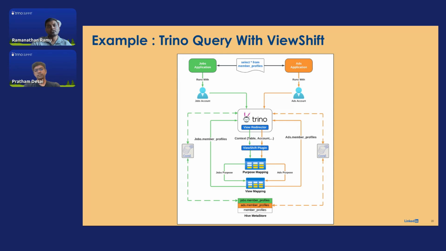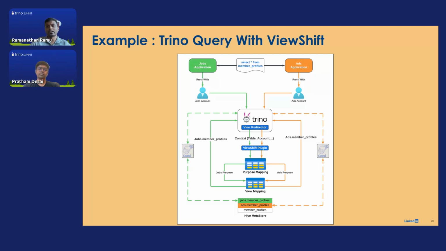So once the same query but from two different applications reaches Trino, the statement analyzer tries to visit the table member profiles and figures that it is a read path, and hence sends it to the view redirector to figure out if the table has to be redirected to any data guard view.